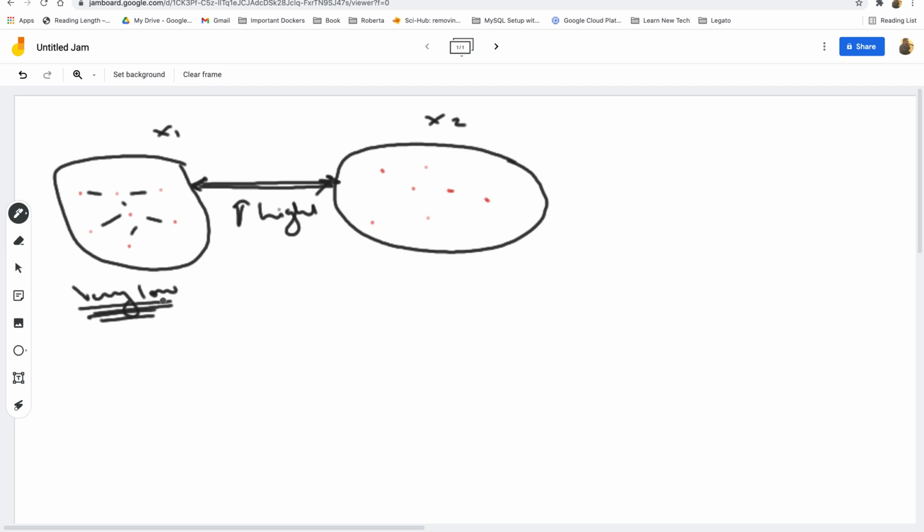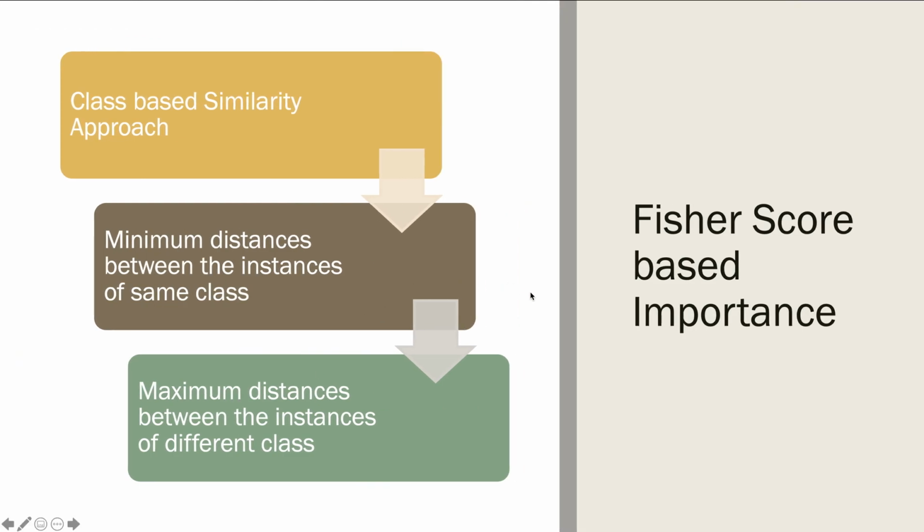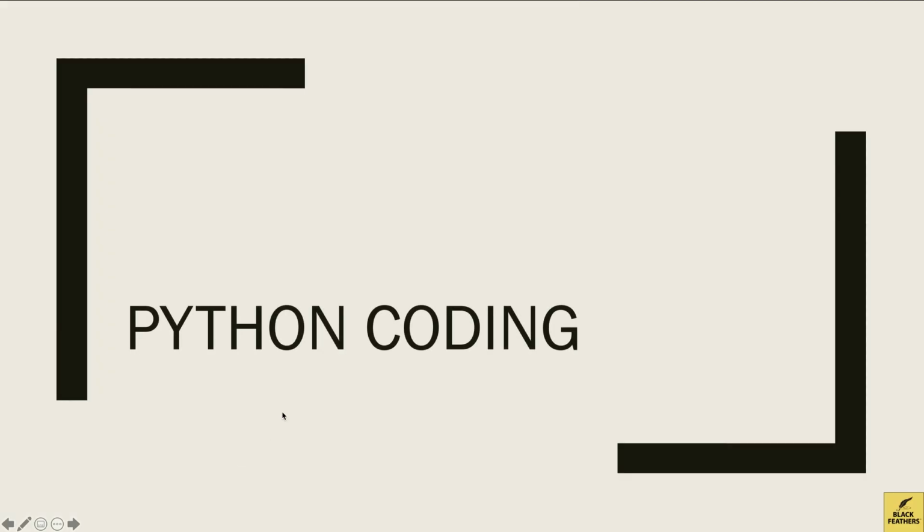If both are perfect, Fisher score will be good. If both are not perfect, Fisher score will be bad, which means low. So that's what we mean by Fisher score based feature importance: a class based similarity approach, with minimum distances between instances of the same class and maximum distances between instances of different classes. So this finishes our score based theoretical discussion about feature importance.